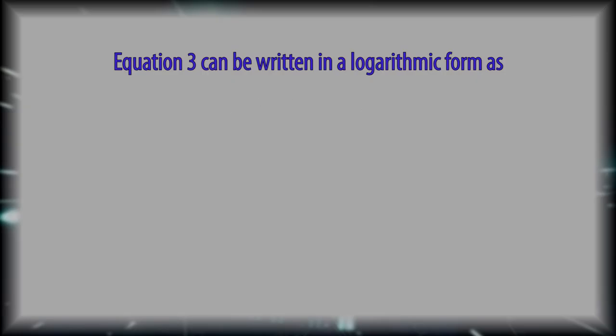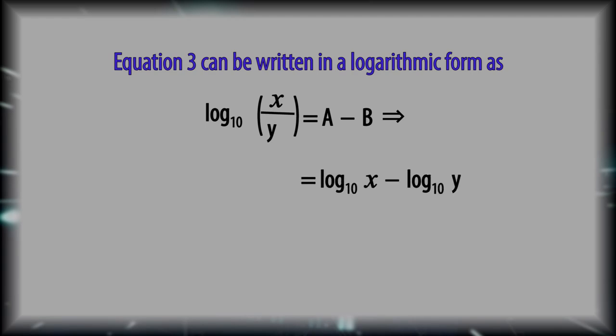Now, equation 3 can be written in log form. And that becomes the log base 10 of x divided by y is equal to a minus b. But I'm sure you remember that from the beginning, we said a is equal to log base 10 of x and b is equal to log base 10 of y.